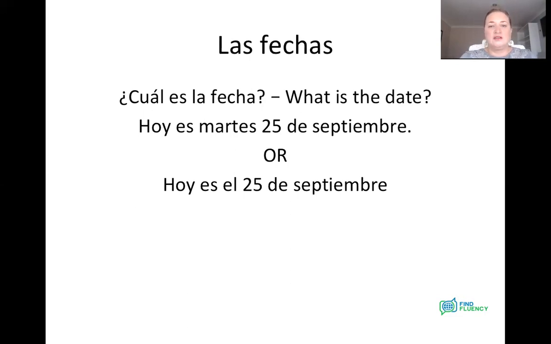So you can see there that if we use the day, okay, so I put in martes for Tuesday, then we don't use the article. The article is the word el here, right? So if we put in the day, we don't use the article, right? So martes 25 de septiembre, or if we're not using the day of the week and we're just giving the number in the month, hoy es el 25 de septiembre.